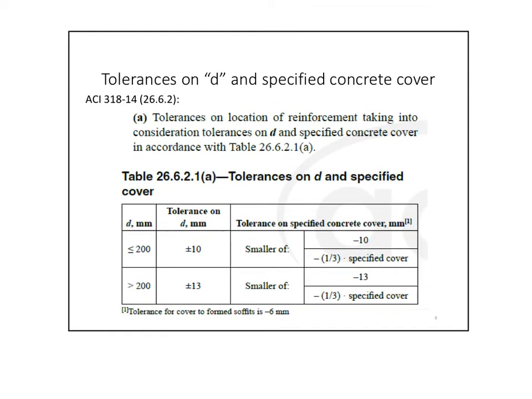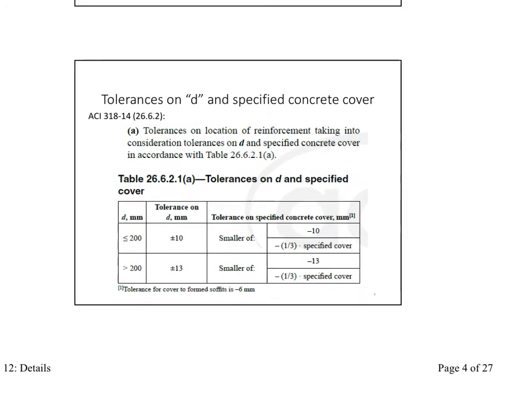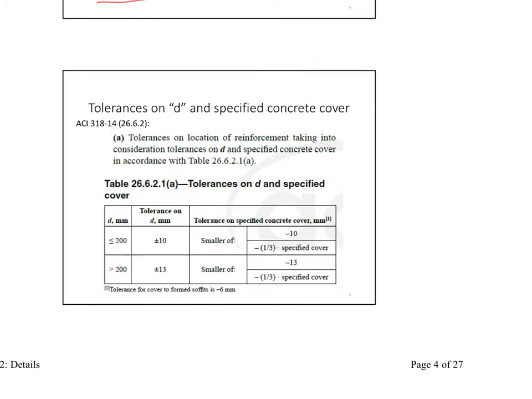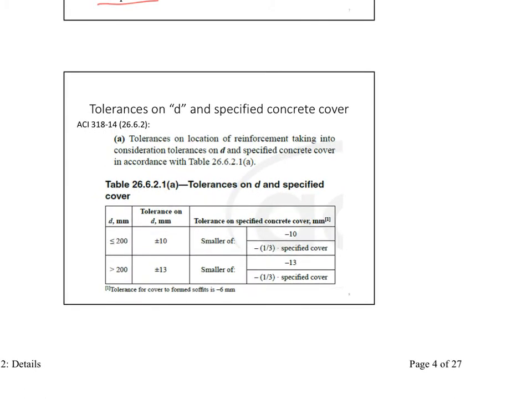Now our next part is the tolerance on d. What is the tolerance on d? As we go to the construction site, remember that this is my concrete beam, for example, and this here is my steel reinforcement placed inside.